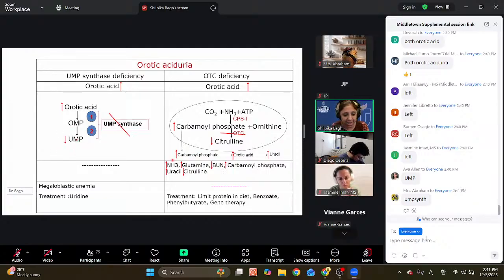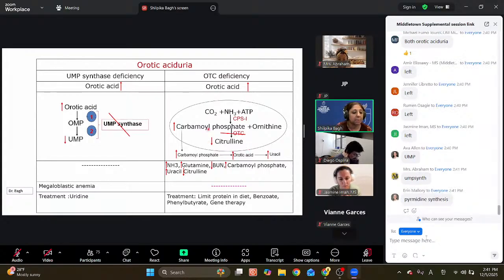Here uracil is high, right? Why is uracil high here? Anyone? Why on the right side? Very good, because in them there's nothing wrong with pyrimidine synthesis.